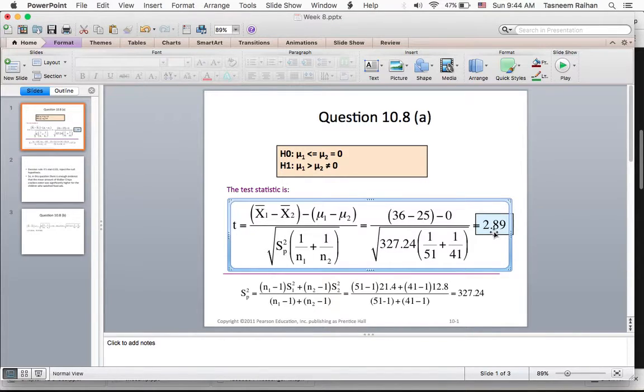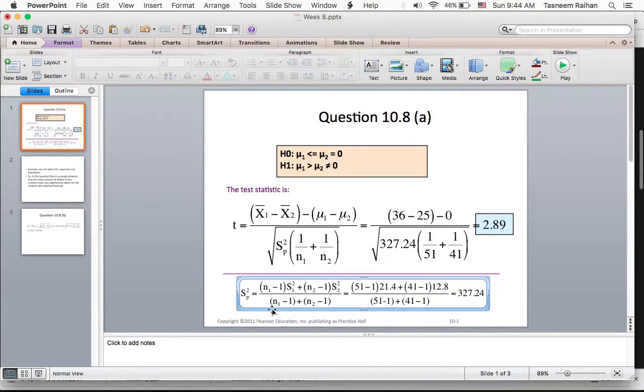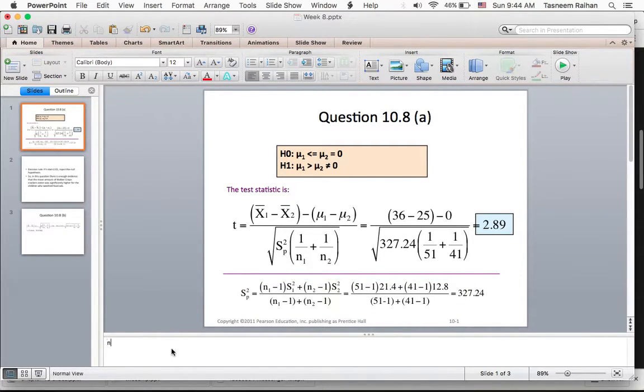In this particular question, the degrees of freedom is given by the denominator here. The denominator here is n1 minus 1 plus n2 minus 1. Let me just quickly write it. It's basically n1 plus n2 minus 2.